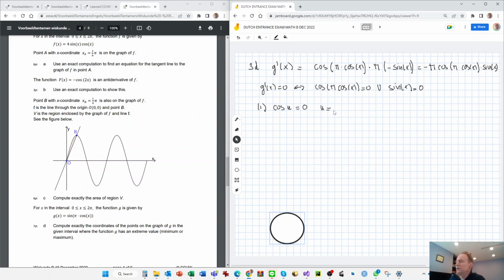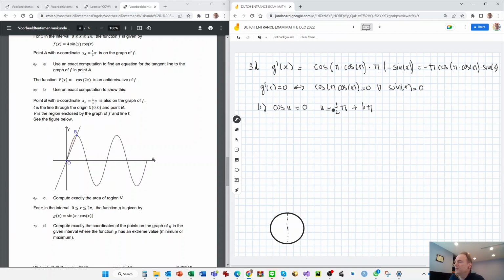The cosines are 0 at these angles here. So it means that u is either half pi plus any integer number of pi's added to it.